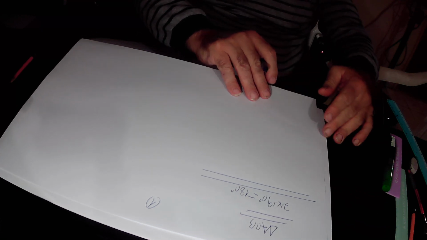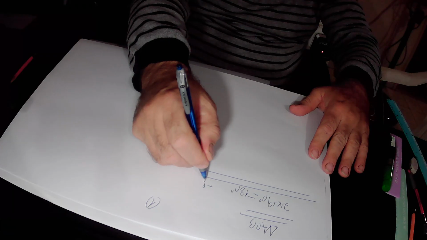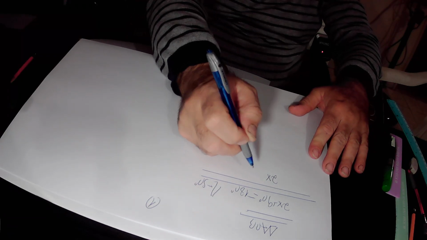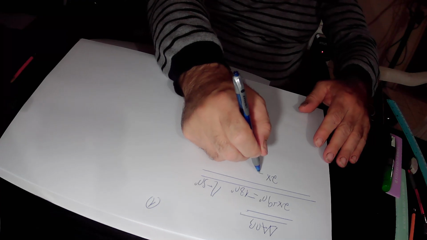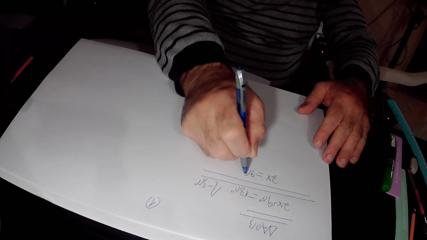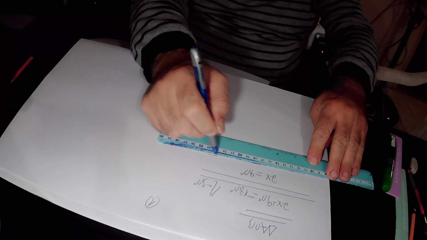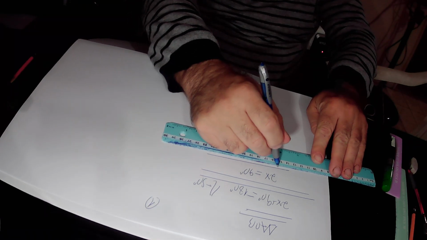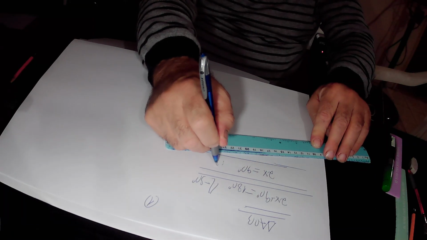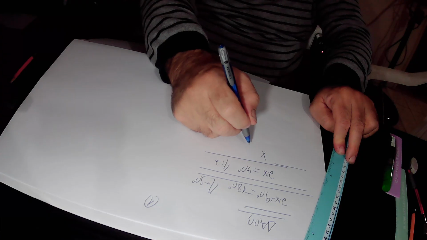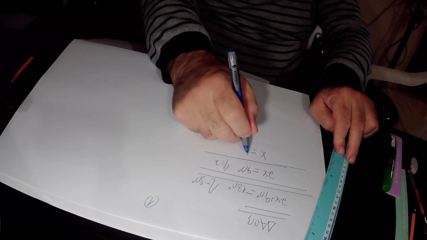Here we subtract 90 degrees from this equation, and we get that 2x equals 180 degrees minus 90 degrees, which is 90 degrees. So 2x equals 90 degrees. Here we divide this equation by 2, and we get that x equals 90 degrees over 2, that is 45 degrees.